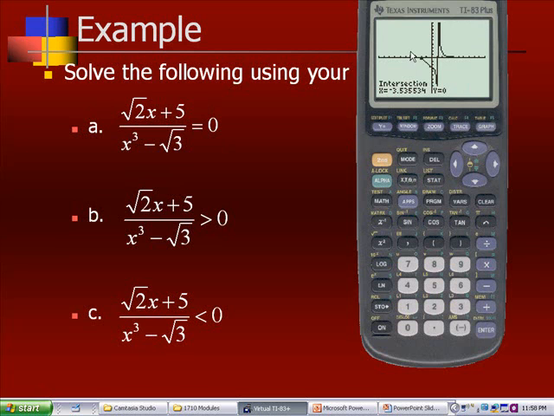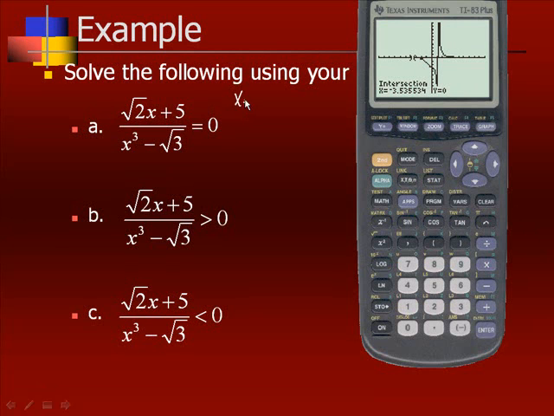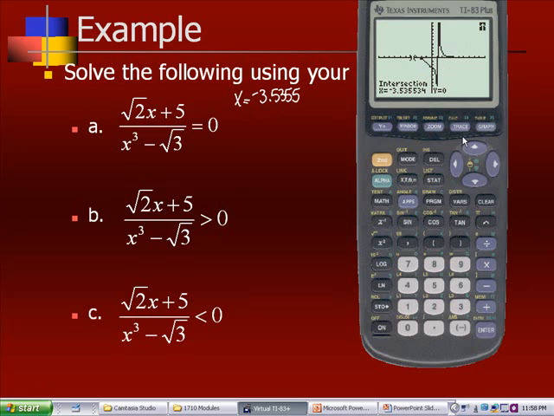Now notice there's two pieces of the graph. So we've got one down here and we've got one up here. Well, the one down here says yes, it does cross, and it crosses at x equals negative 3.5355.